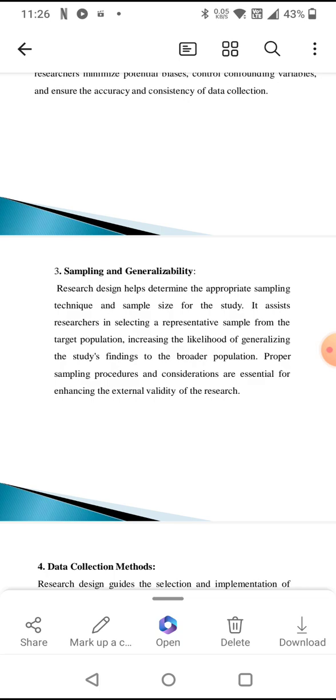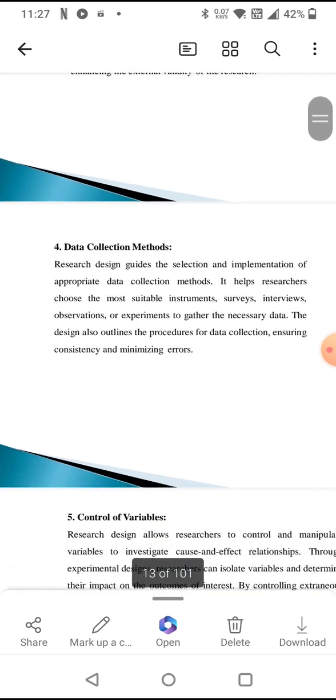Next is data collection methods. What do you exactly mean by data collection methods? You would have defined the different means of collecting the data. Whatever has been specified in the research design document guides the selection and implementation of appropriate data collection methods, and it has to be brought to the notice of the researcher before deciding upon or identifying any of the factors.